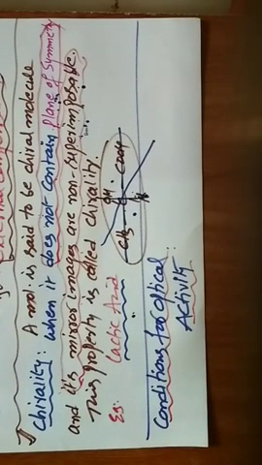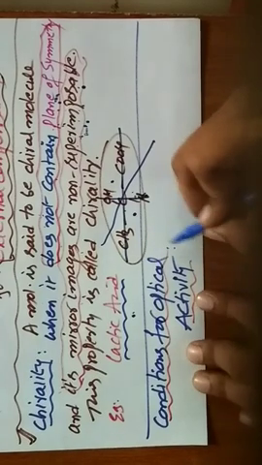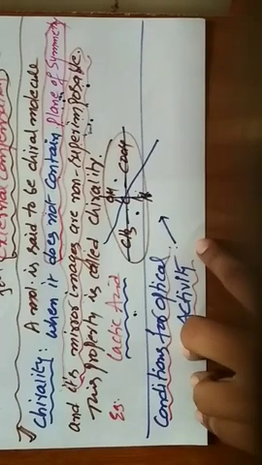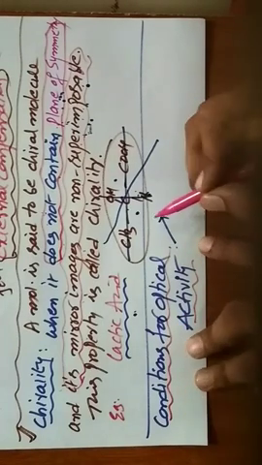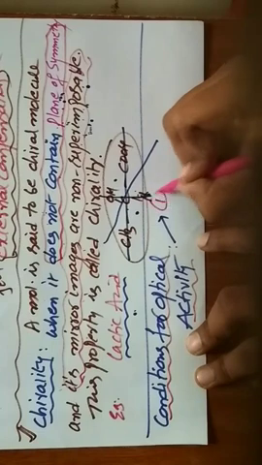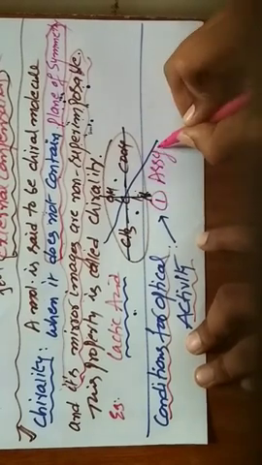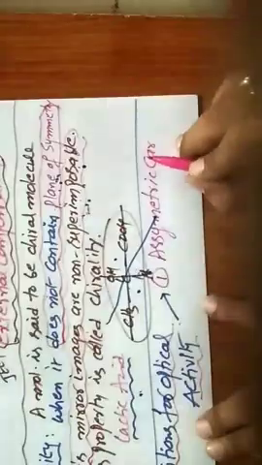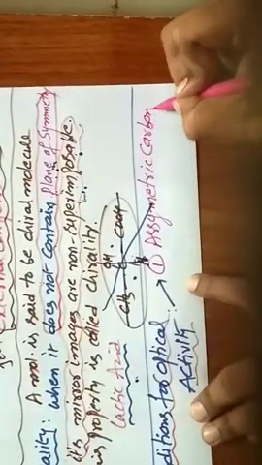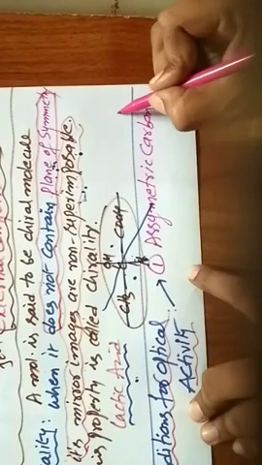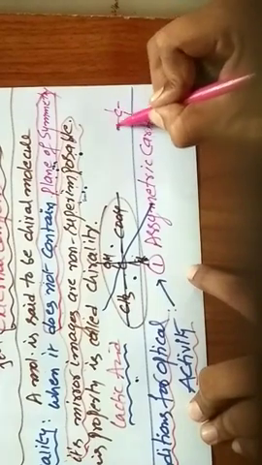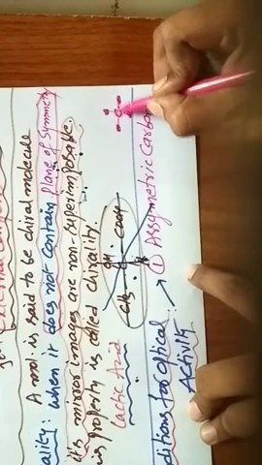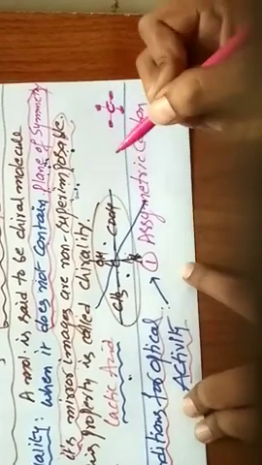The first condition is that the molecule should have an asymmetric center, an asymmetric carbon. Asymmetric carbon means a carbon having four different groups or atoms. That carbon is the asymmetric carbon. In the previous video we already discussed this one.